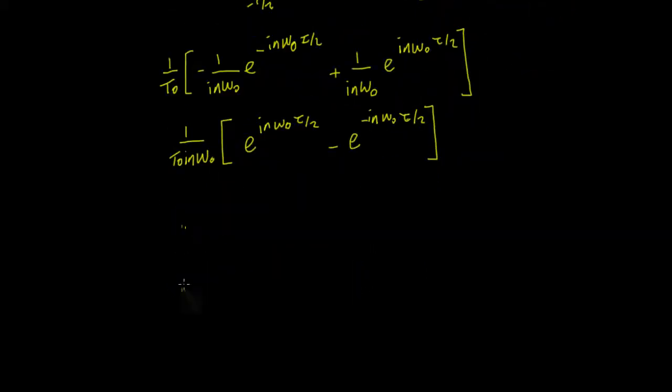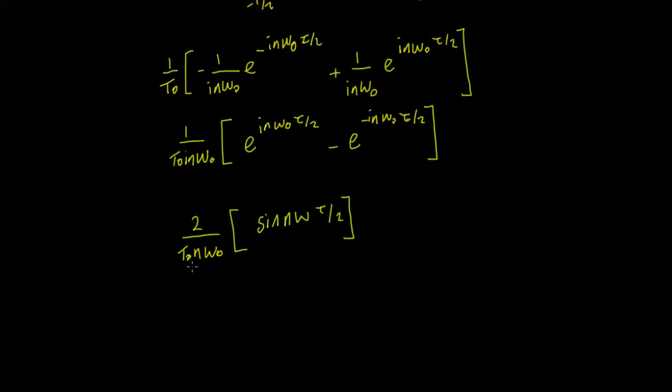So we're going to have 2 in the top, and we'll have the I, which will cancel this I here, so you'll end up with t naught n omega naught, and in here you'll end up with sine n omega tau by 2.